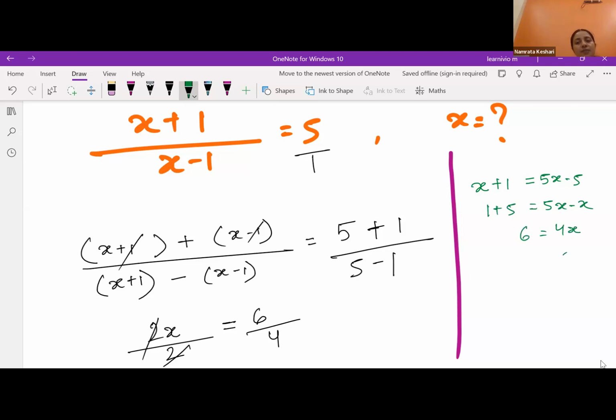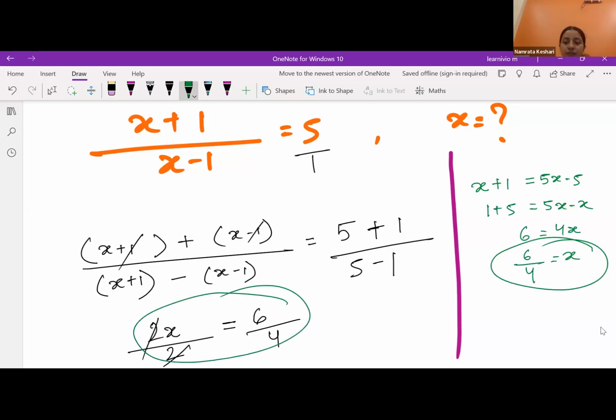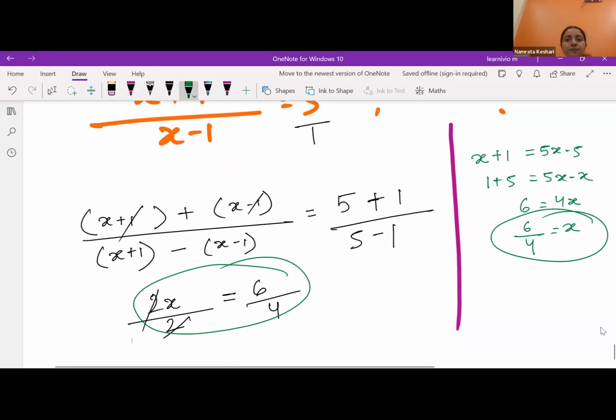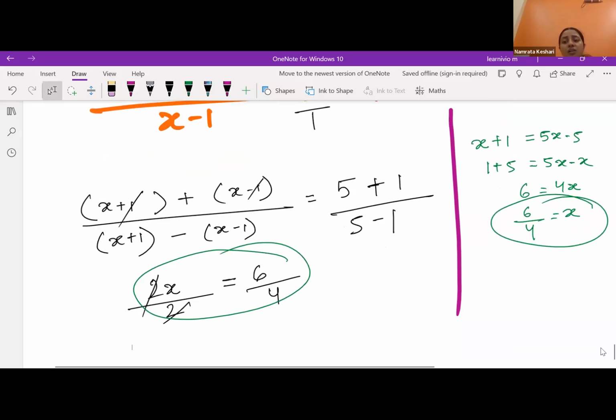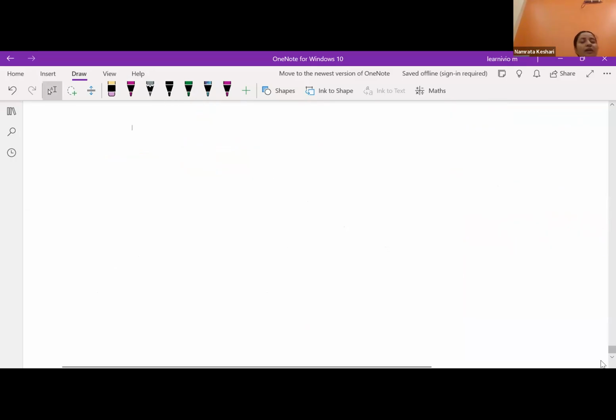That means x is 6 by 4. Can you see both? The value is not changing. Getting it? Yes, ma'am. Okay, then why are we learning this method? If both are acceptable and if we are able to use our way, then why? What's the need to use a new method to deal with this scenario?